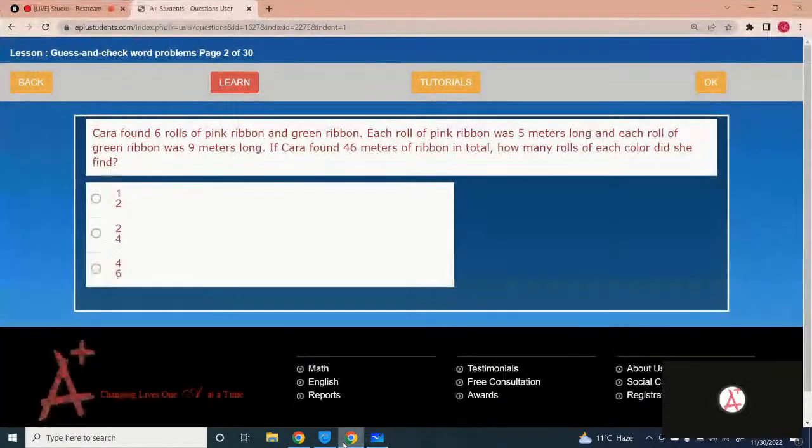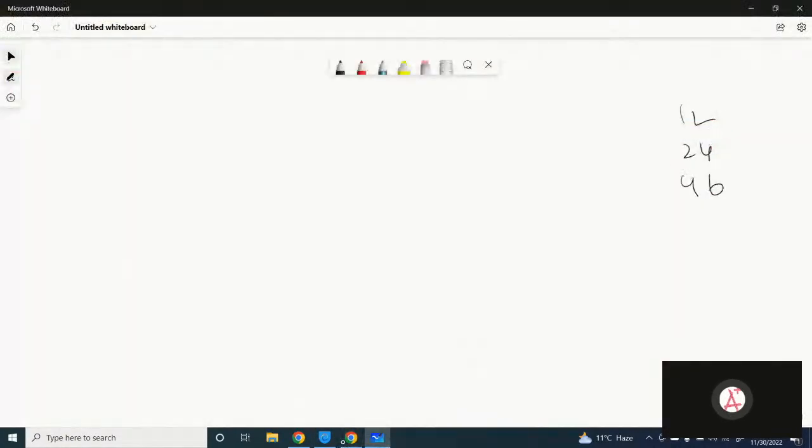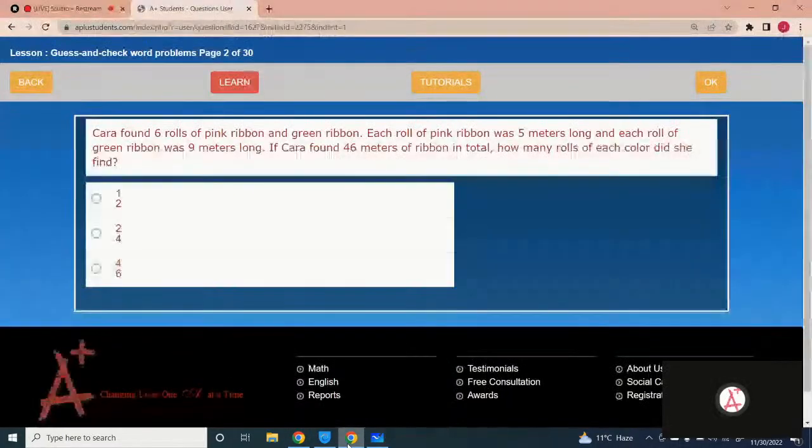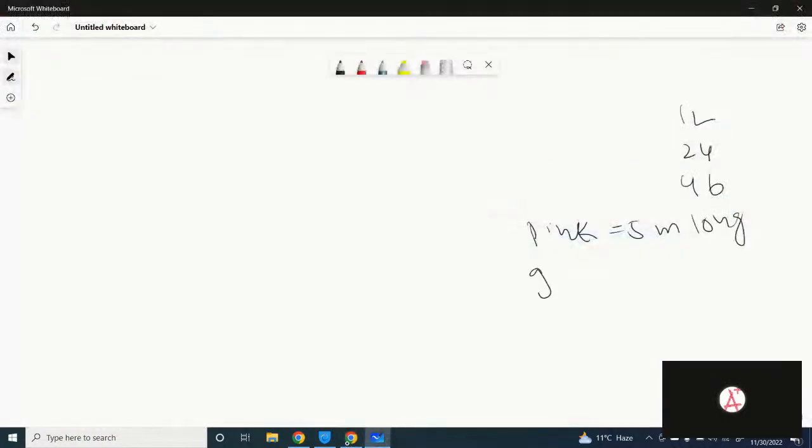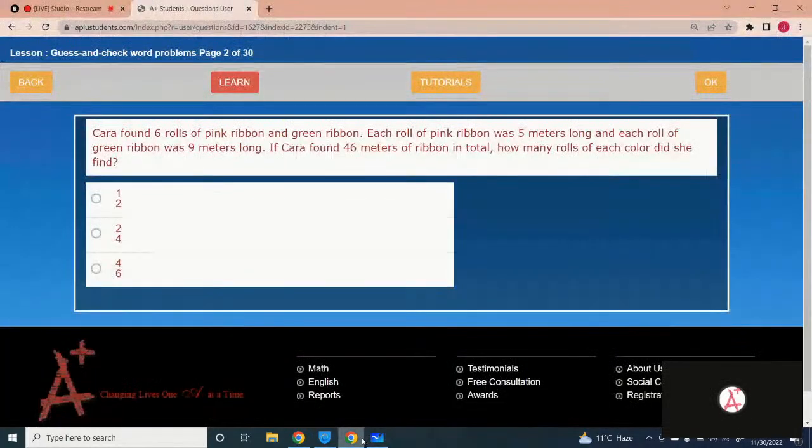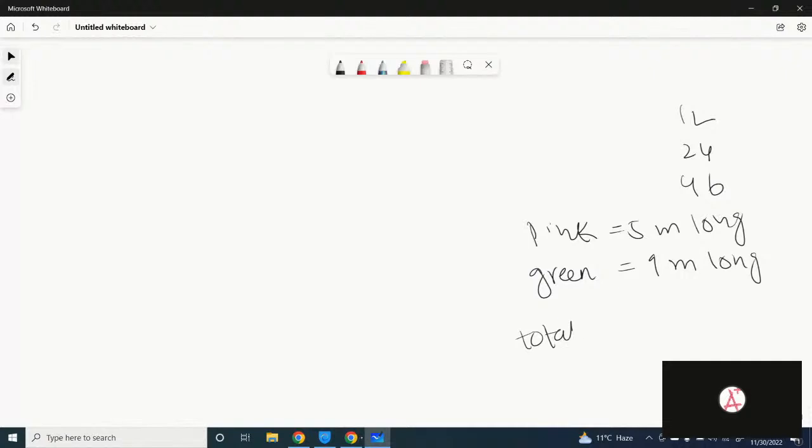The values are: pink ribbon is 5 meters long, and the green one is 9 meters long. And the total ribbon is 46 meters. You have to check, out of 46 meters, how many meters are the pink one and how many meters are the green one.